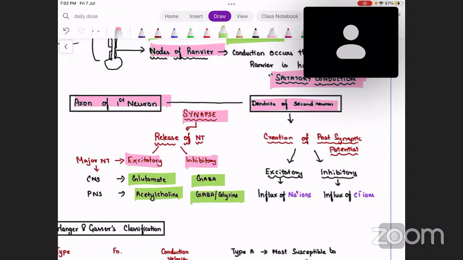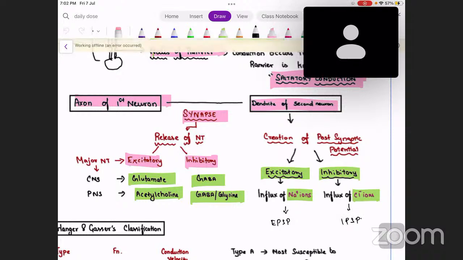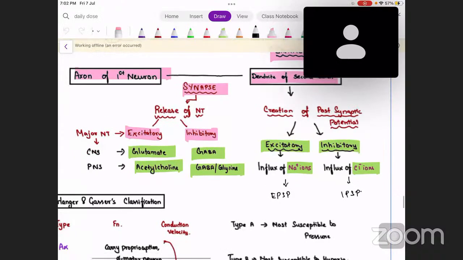For example, if the neurotransmitter is excitatory, then you may get an influx of sodium ions, and there is generation of an EPSP. Similarly, if the neurotransmitter is inhibitory, then you may have an influx of chloride ions, and there is generation of an IPSP. This is how the connection between one neuron and another neuron works.